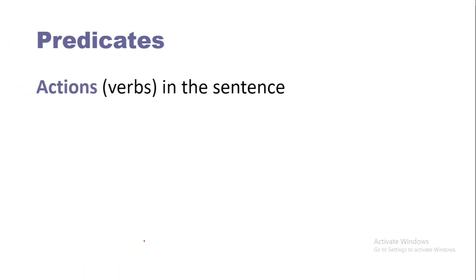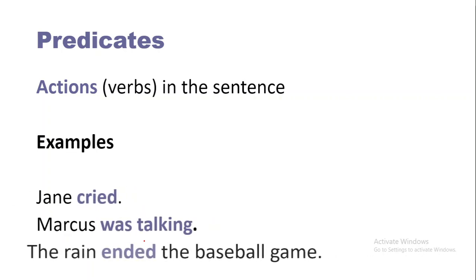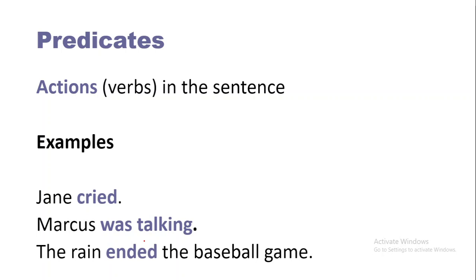Now, what are the predicates? Predicates are basically the actions in the sentence. For example, Jane cried, Marcus was talking, the rain ended the baseball game. Now, we are talking about Jane in the first sentence, in the second sentence we are talking about Marcus, and in the third sentence, we are talking about the rain. So Jane is the subject here, Marcus is the subject here, the rain is the subject here.